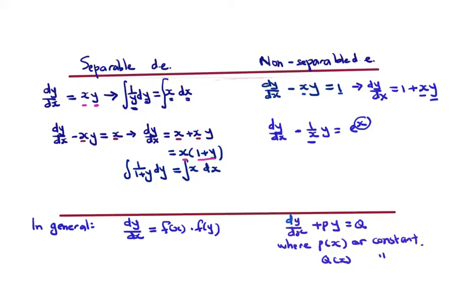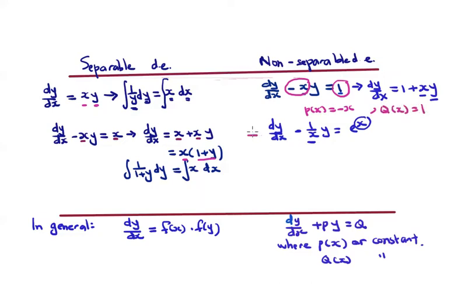For example, dy/dx minus xy, the negative x is p(x), and the constant 1 is q(x), which is 1.